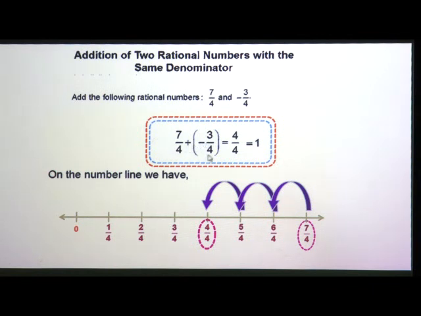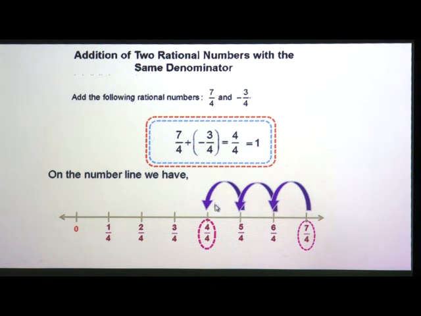So, when the denominators are same, you write the common denominator 4, and 7 minus 3 is equal to 4. When you get 4 upon 4, it is nothing but 1 in its simplest form. So, in this way we got 1 when we added the two given rational numbers.